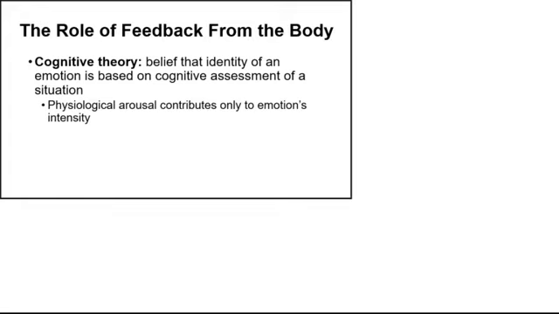This is the belief that the identity of an emotion is based on cognitive assessment of a situation. So our physiological arousal is only going to tell us about the emotion's intensity. When we decide what emotion we're feeling, we're going to decide that by looking at a situation, thinking about it, and evaluating what our most likely reaction is.